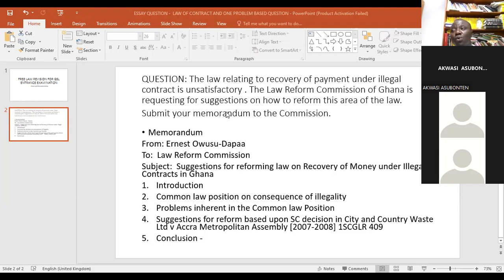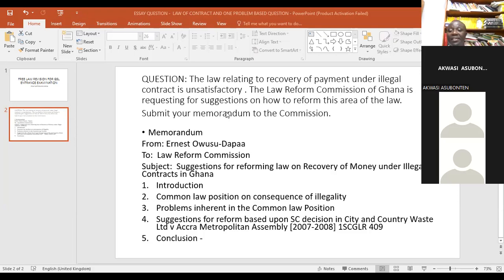We are going to use the structured approach so that in appropriate situations, a restitutionary claim could be brought for recovery under a contract which has been otherwise considered illegal, and so on and so forth.